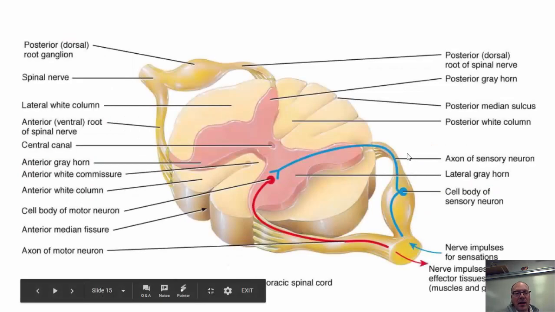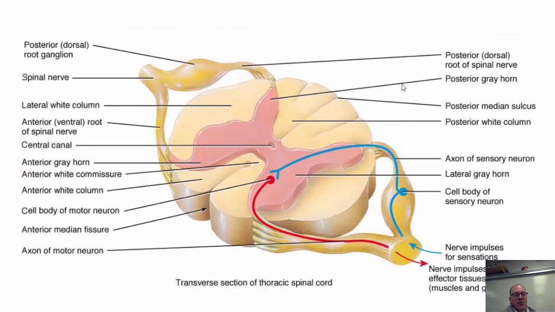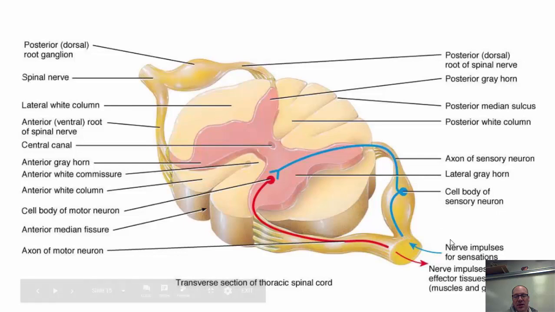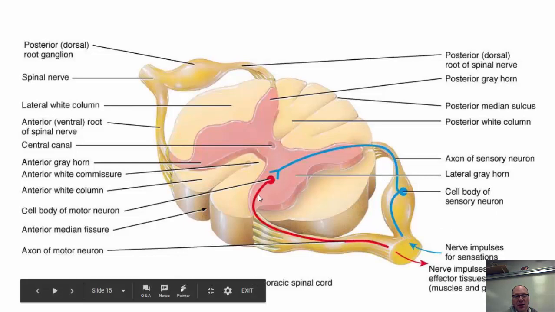This is another look at it, and this diagram has more structures labeled. And I want to point out this over here, right? Again, this is going to be a nerve sensation, so this is, of course, afferent, and this is showing you the direction of signaling for a motor neuron.